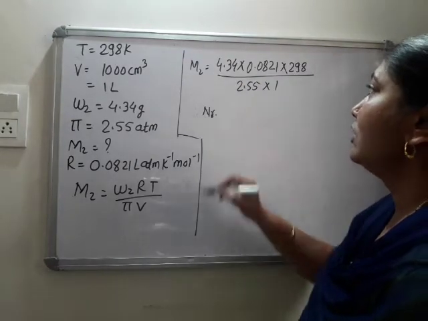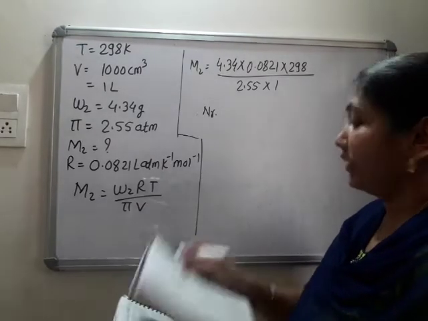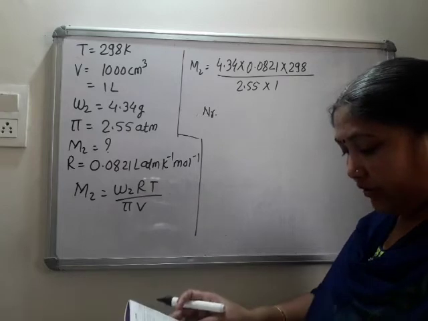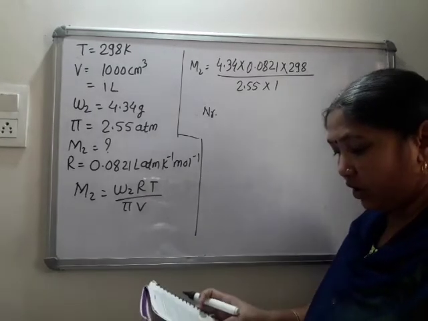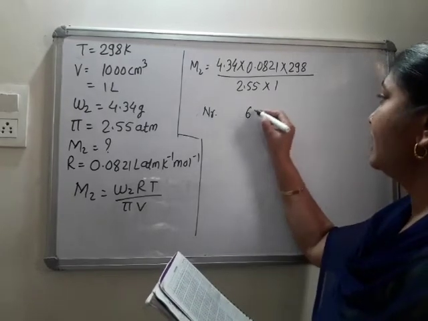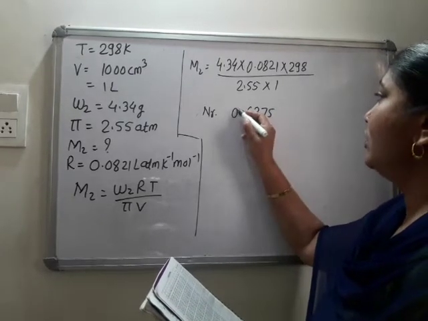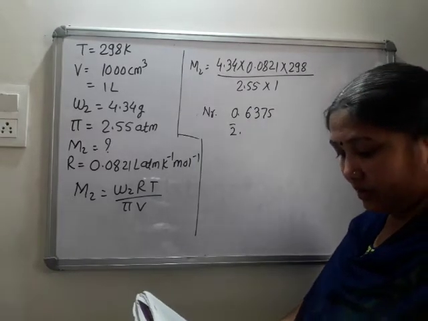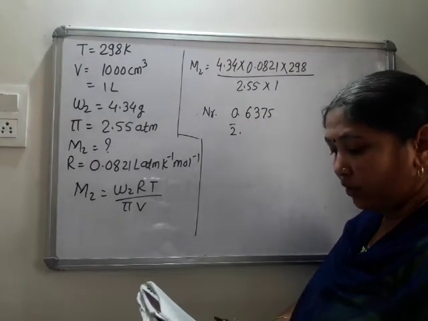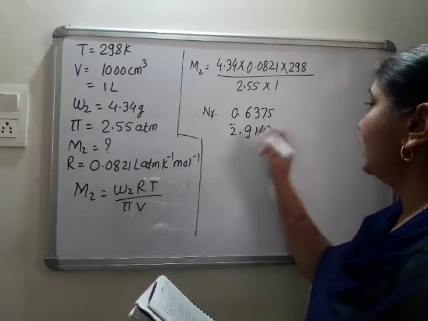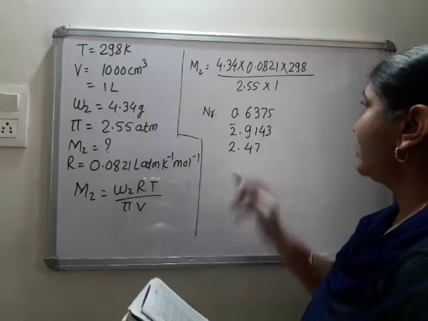See the logs, numerator minus denominator. First, log of 4.34 is 0.6375. Log of 0.0821 is bar 2.9143. Log of 298 is 2.4742.